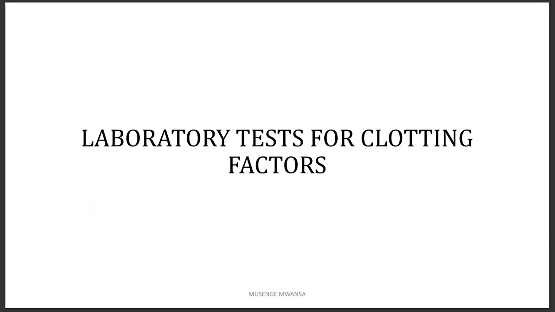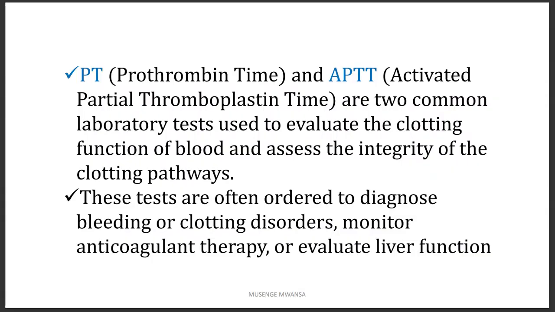Now let's talk about the laboratory tests for clotting factors. We have two laboratory tests. First the PT, which we call the prothrombin time, and APTT, which is activated partial thromboplastin time. These are the common laboratory tests which we use to evaluate and assess whether these clotting pathways are strong enough.